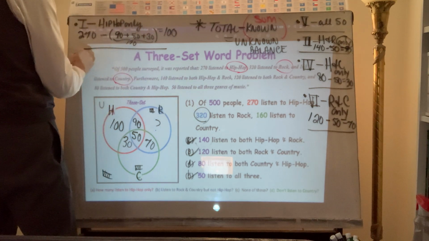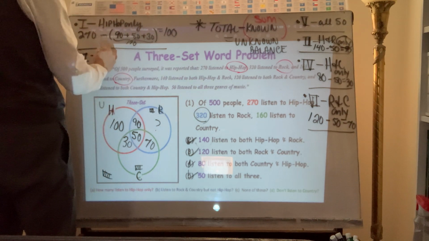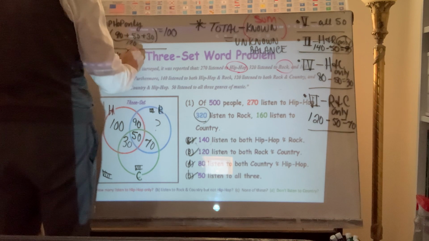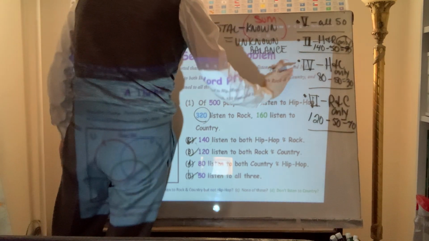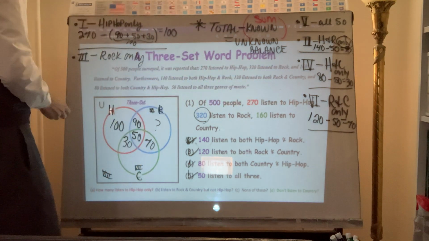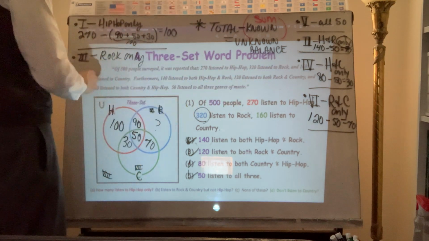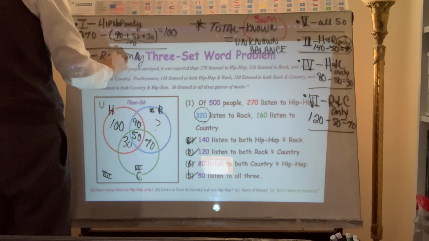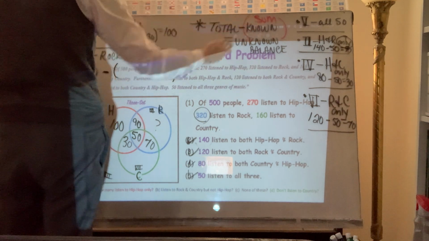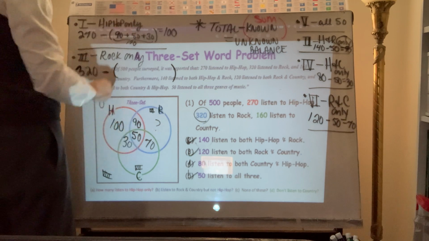So for region 3, which would be rock only, it is 320 as the total, minus, in parentheses, the sum now from 90, 50, and 70.